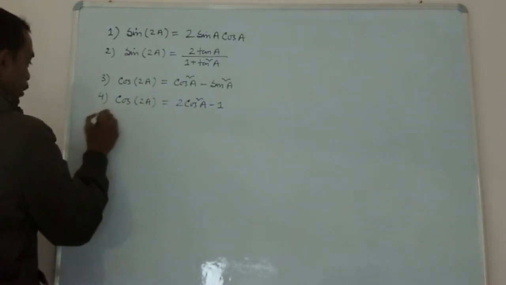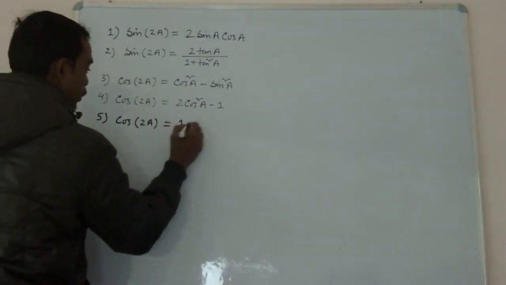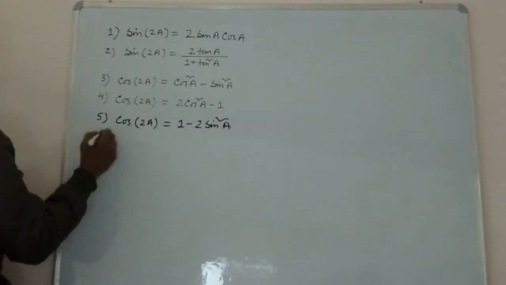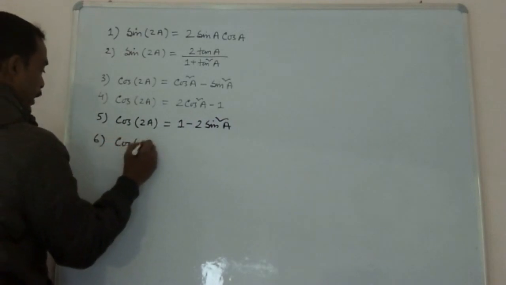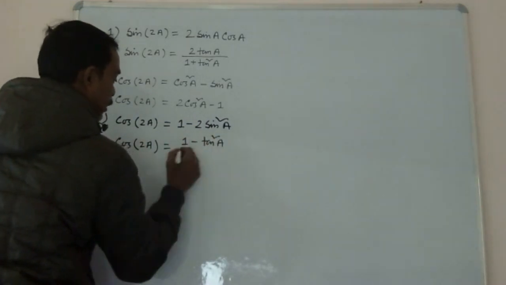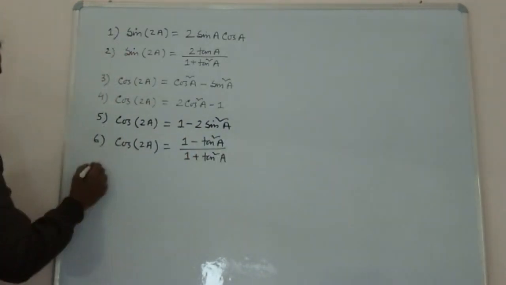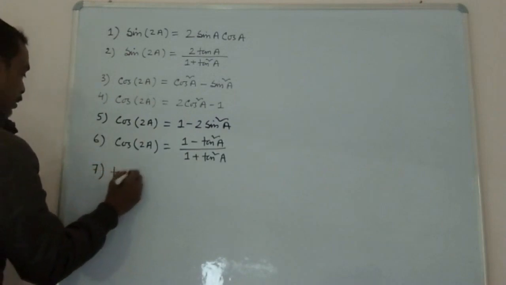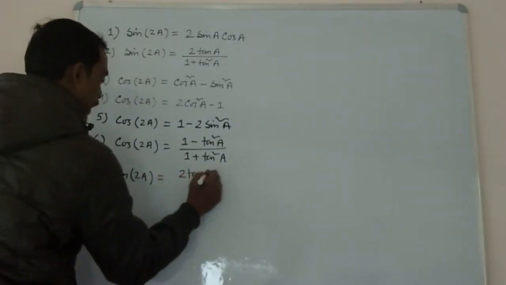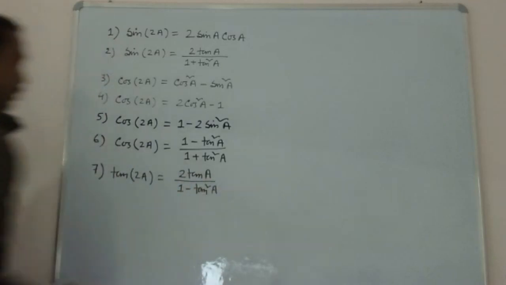Number 5, cos 2A is equal to 1 minus 2 sin square A. Number 6, again cos 2A equal to 1 minus tan square A by 1 plus tan square A. Number 7, tan 2A equal to 2 tan A by 1 minus tan square A.